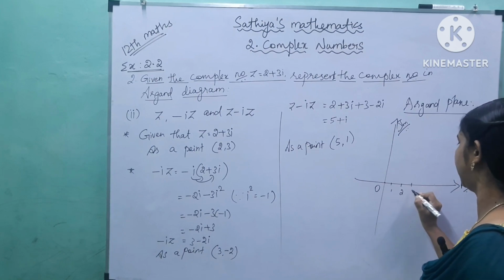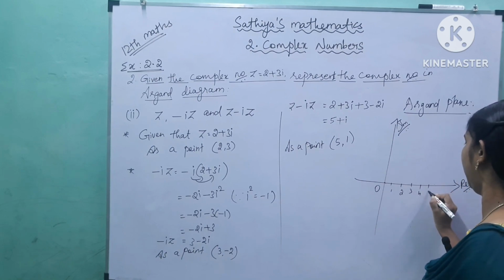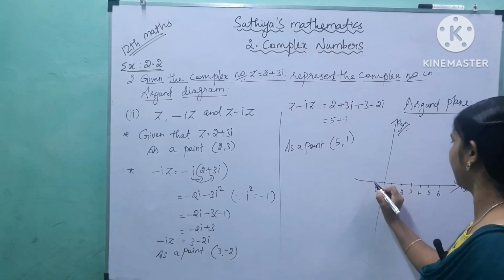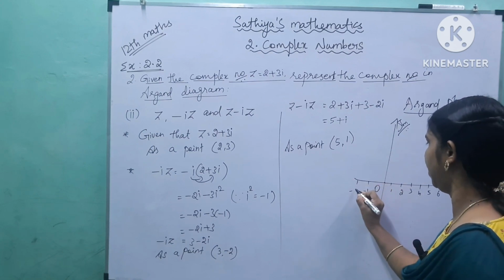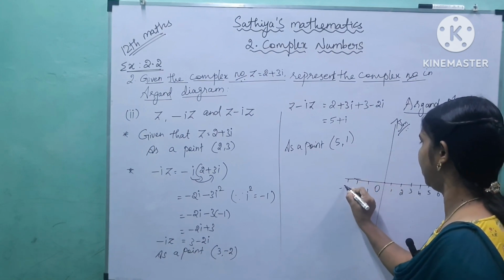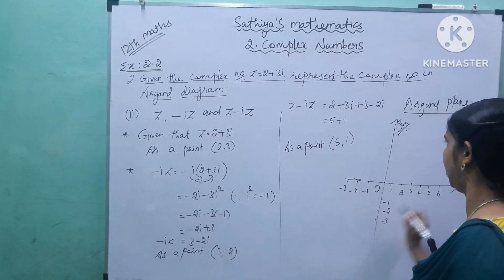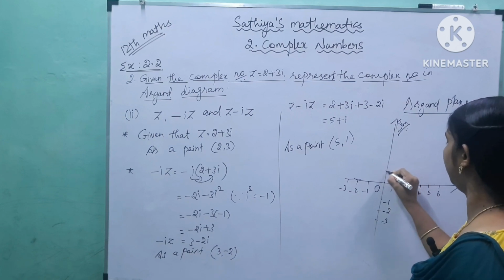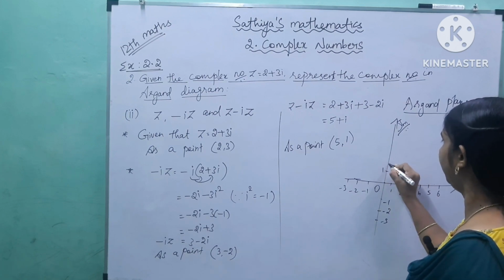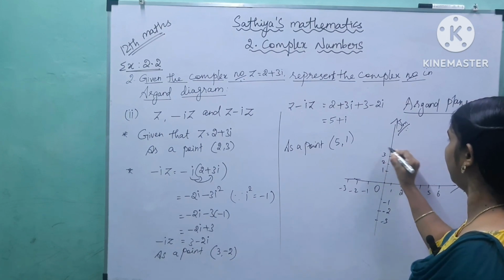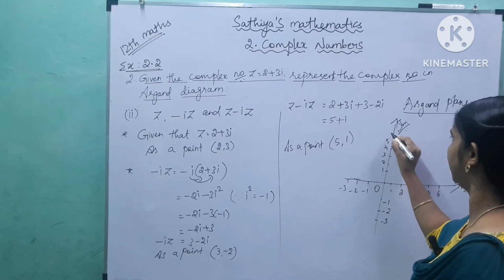As usual, we can plot the points. Minus 1, minus 2, minus 3 here, and minus 1, minus 2, minus 3. Positive numbers 1, 2, 3, 4, 5, 6.